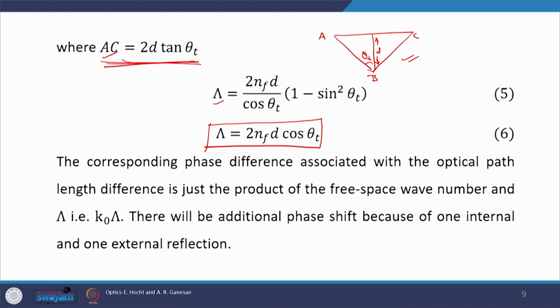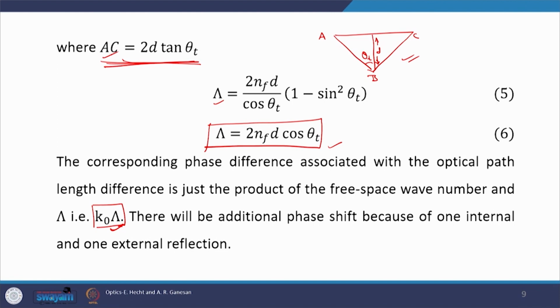Once the optical path length difference is calculated, we can easily calculate the corresponding phase difference. How to calculate the phase difference? Just multiply it with k naught. What is k naught? K naught is the free space wave number, and this is what is being done here. This is the corresponding phase difference, k naught into capital lambda.